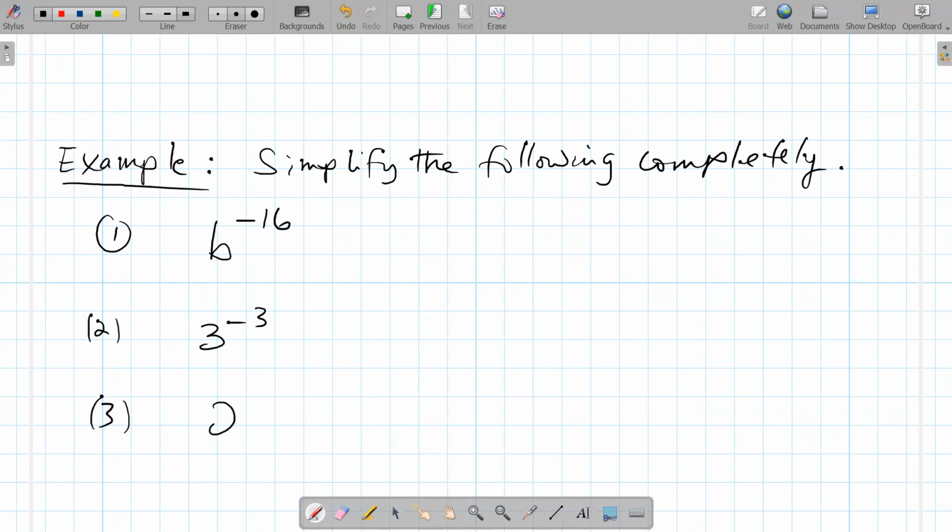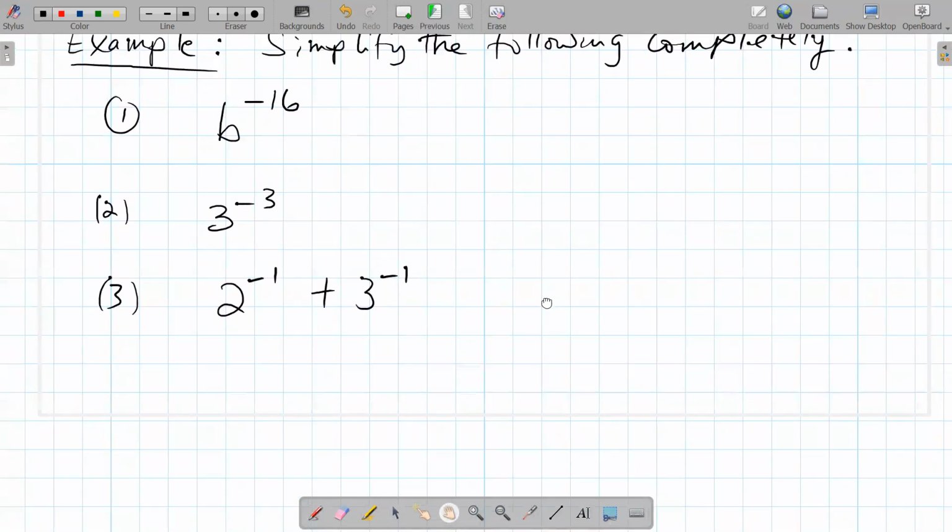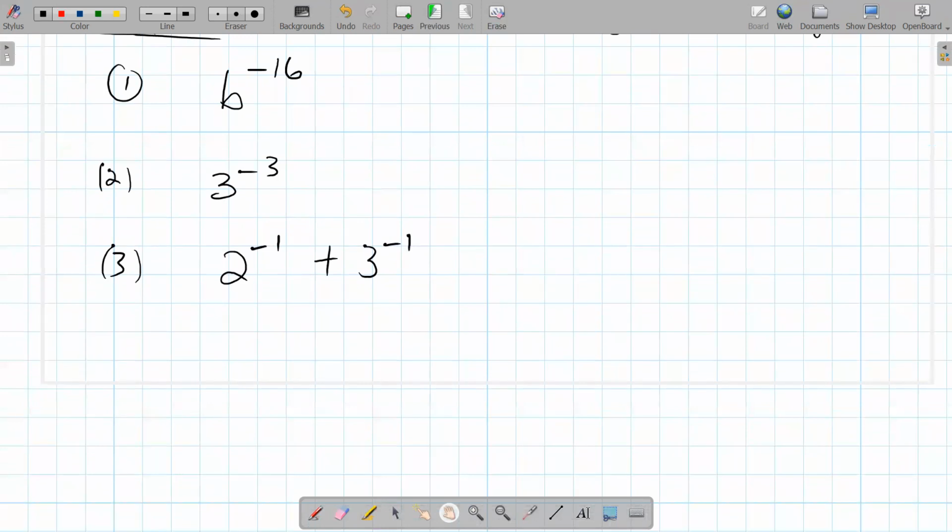Let's do 2 raised to negative 1 plus 3 raised to negative 1. Let's look at the solution.